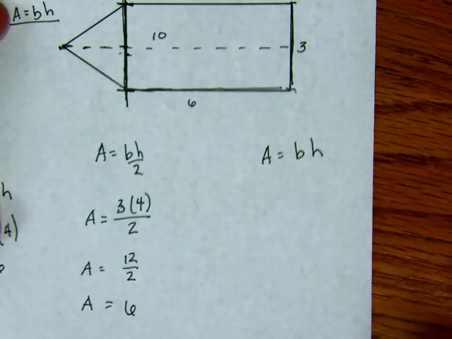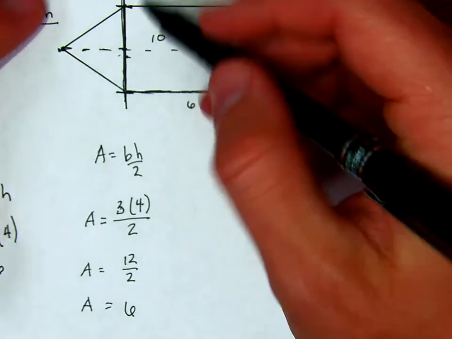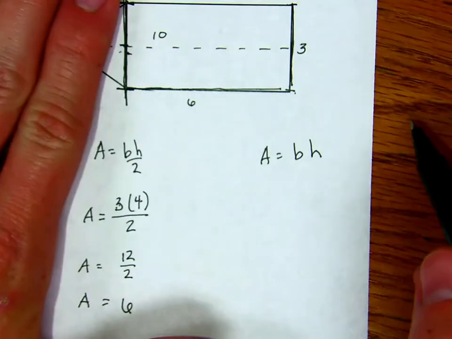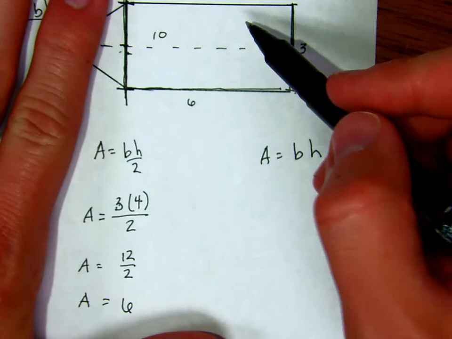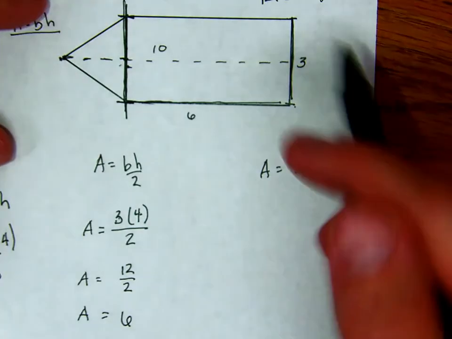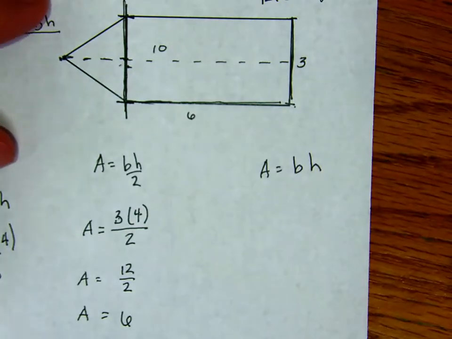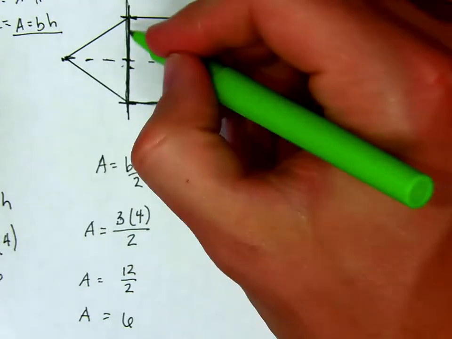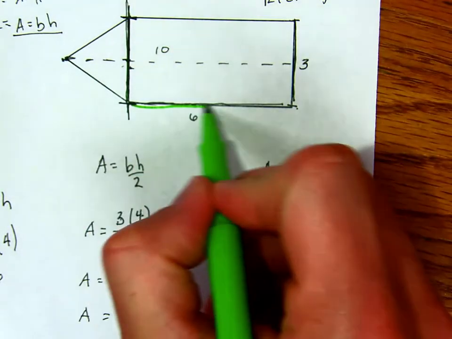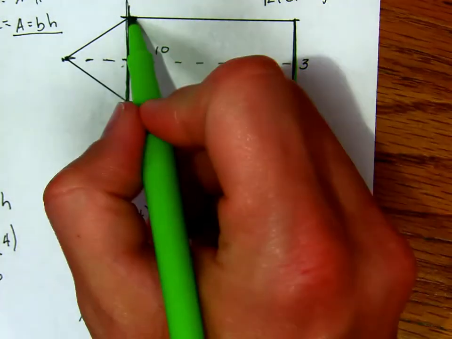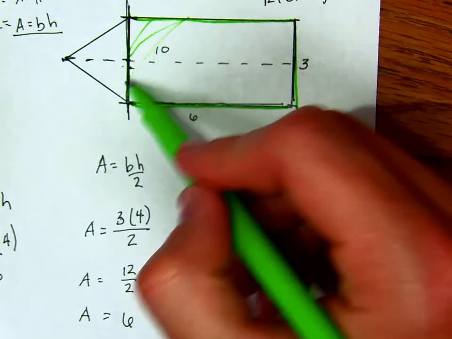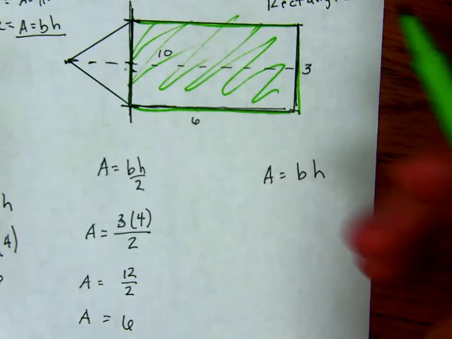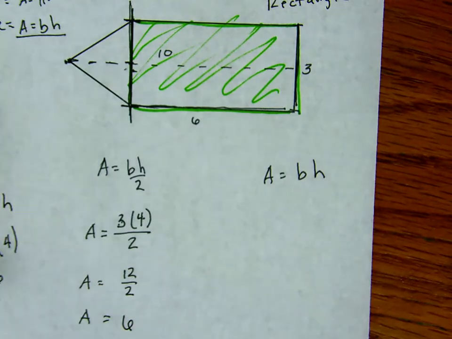Now finding the rectangle. Now we're going to ignore the triangle. We're done with that. We found the area. Move on to the rectangle. The rectangle is just this area. So base times height for a rectangle.